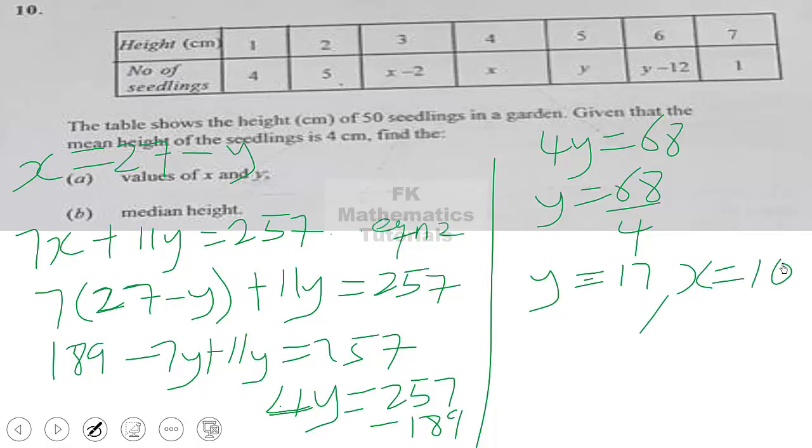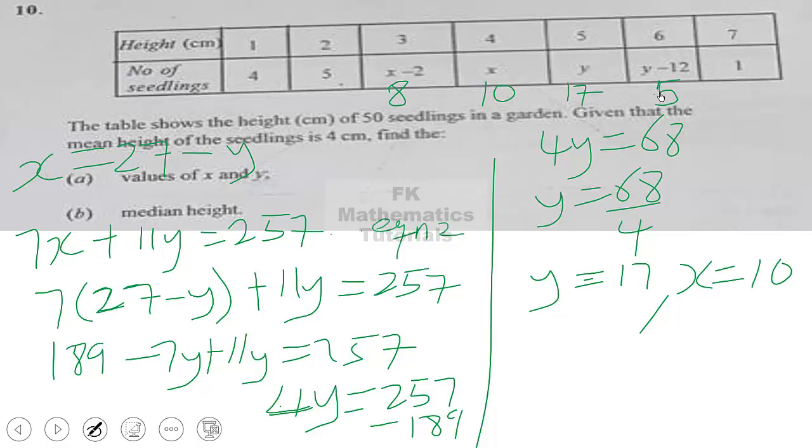Okay, so since we got the values for x and y, we can now calculate the median mark. So this place will be 8, then this place will be 10, and this place will be 17, and this place will be 5.